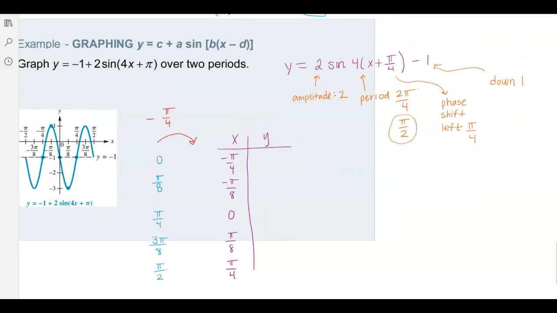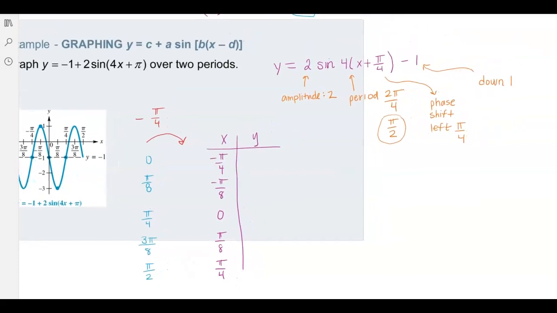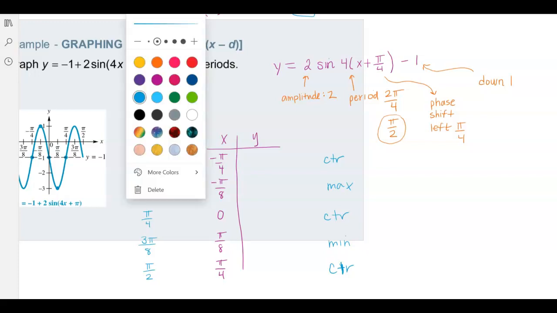For the y values, we'll think about what the pattern is that sine usually follows. Usually sine starts at the center, goes up to the max, center, min, center. We don't have any reflections, so we don't need to change any of those. We are going to take the amplitude into account.